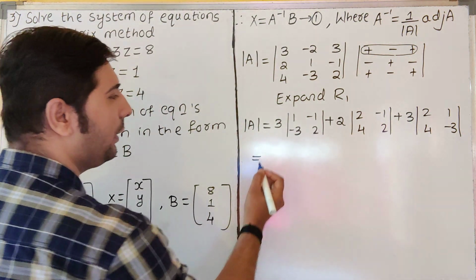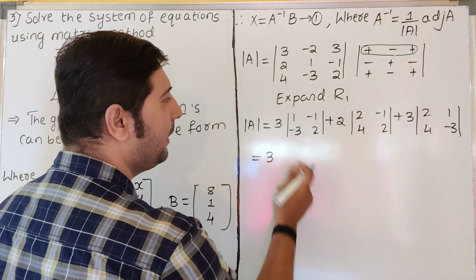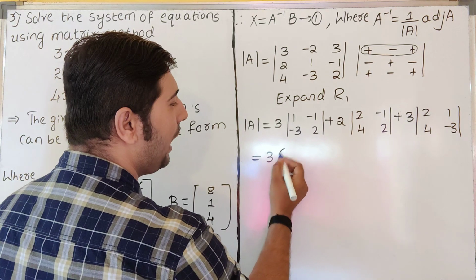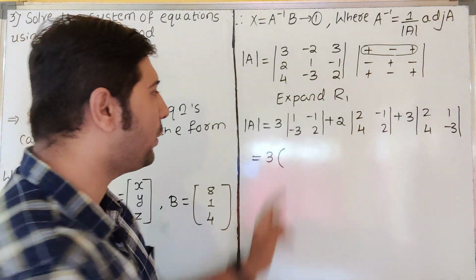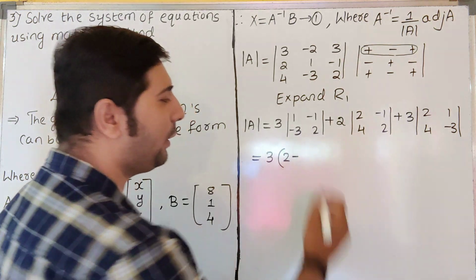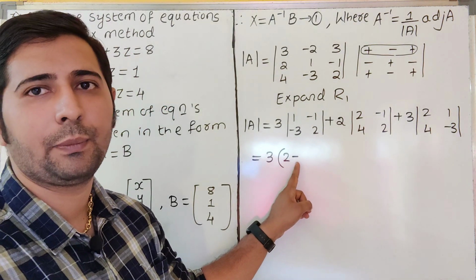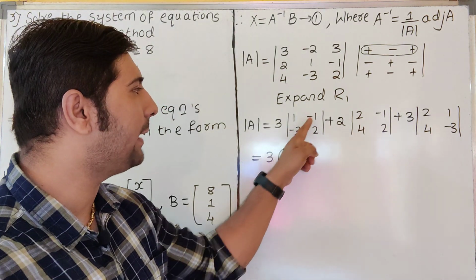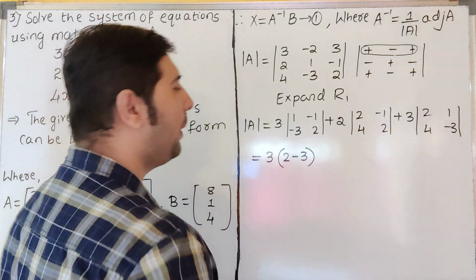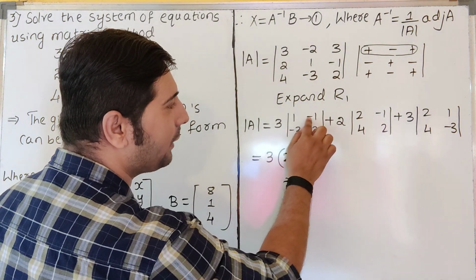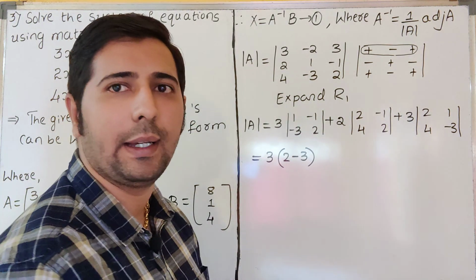Now we can simplify this. 3 I will write as is. See here, 1 into 2 is 2. After that you write minus, before multiplying this and this. Minus into minus is plus, 3 times 1 is 3. Before this you have written minus here.